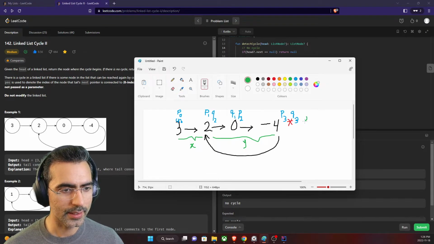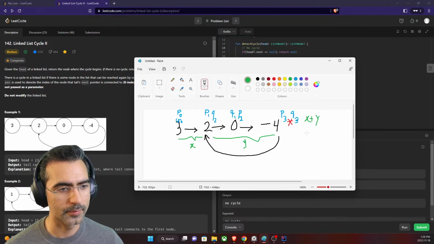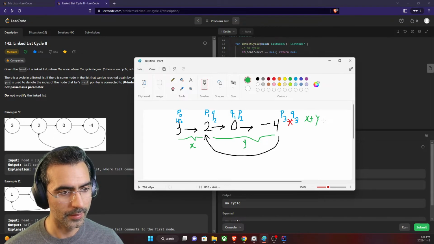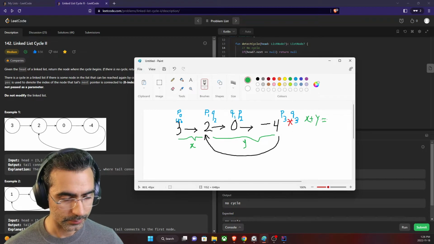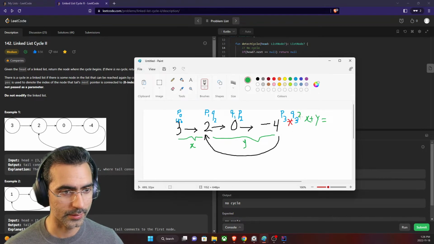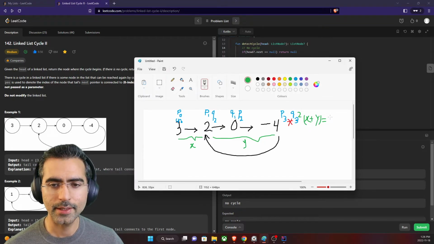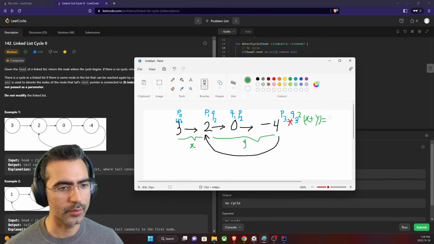we can say that X plus Y is the length that node P has traversed, and twice this length would be equal to the location that node Q is at right now.